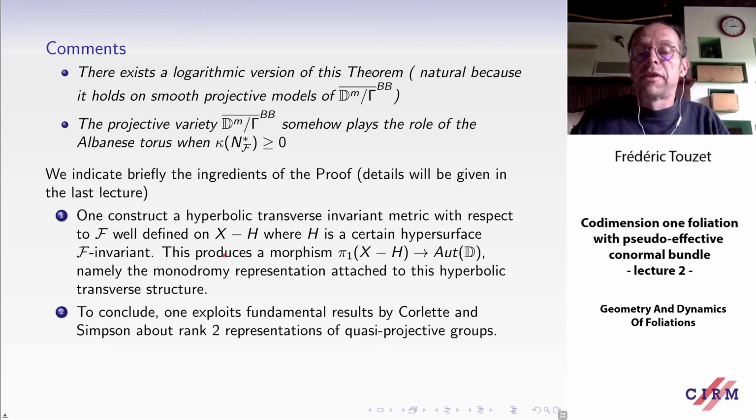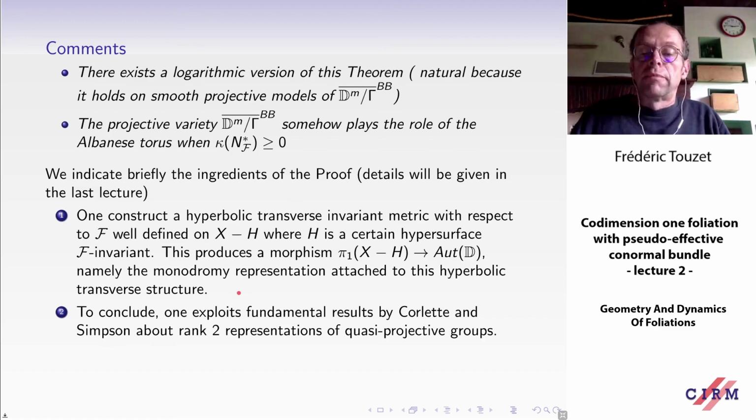And from this transverse hyperbolic structure, one inherits morphisms of the fundamental group of the complement of H in X into the Möbius transformation group of the disc. This corresponds to the so-called monodromy representations of foliations equipped with these hyperbolic transverse structures. And once we have these representations, we are going to prove that these are rigid representations.